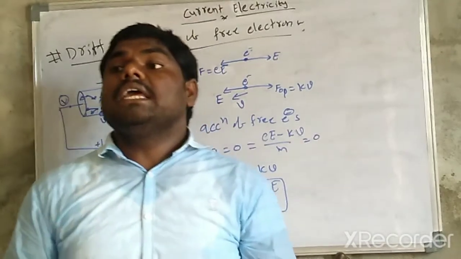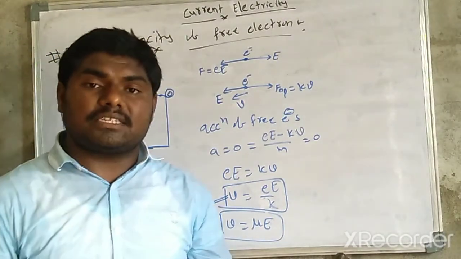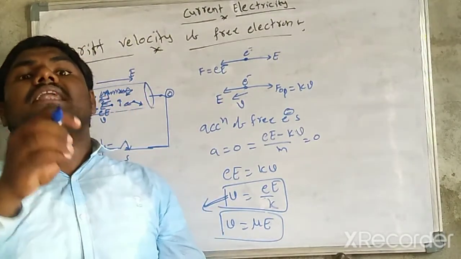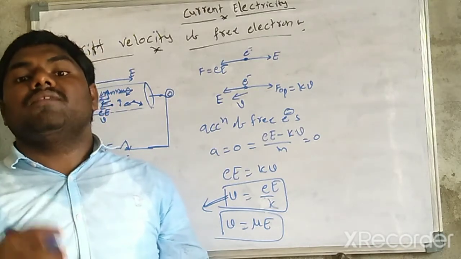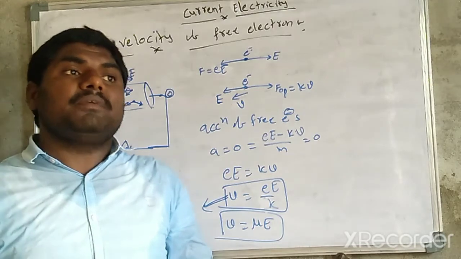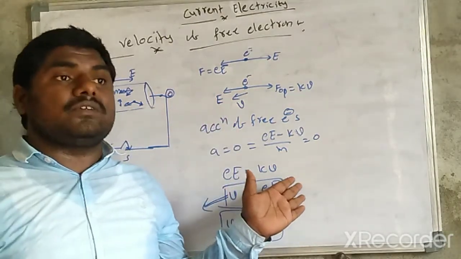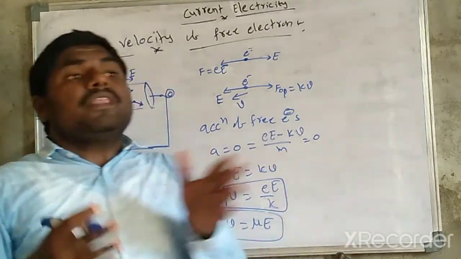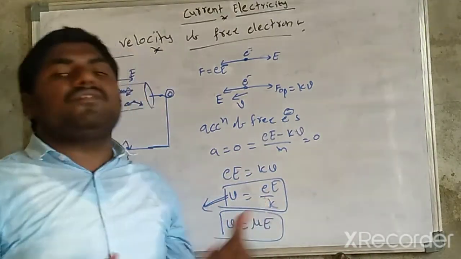The electrons move with some velocity V even though the acceleration of the electrons is 0. Whenever the acceleration is 0, the velocity should be constant, but here a velocity exists, so something is missing, and that is the drift velocity.